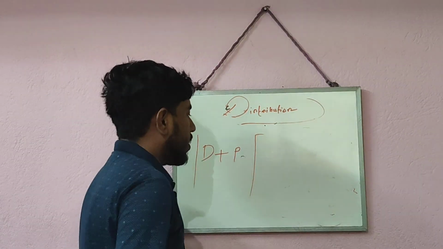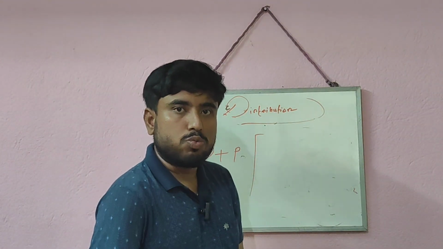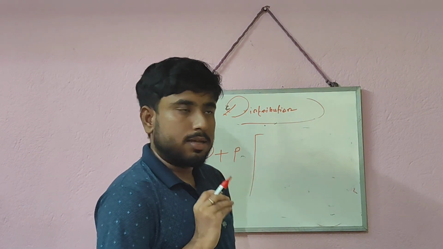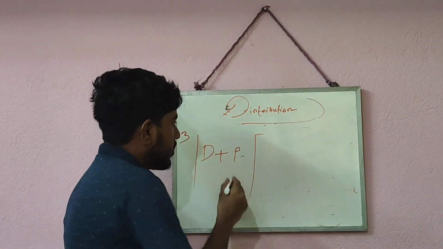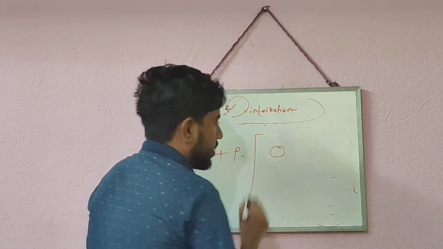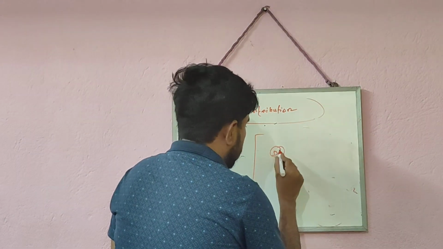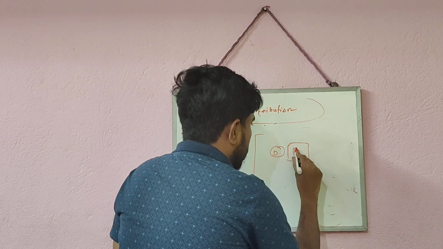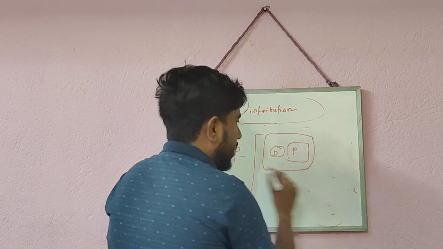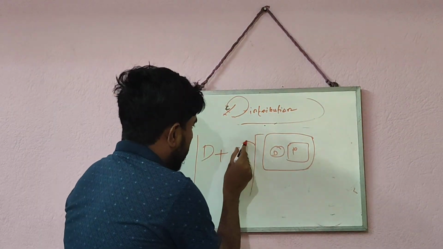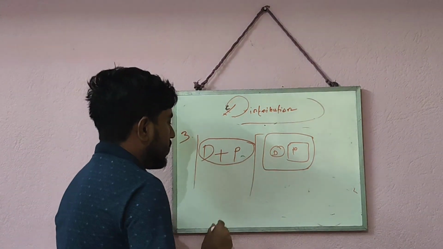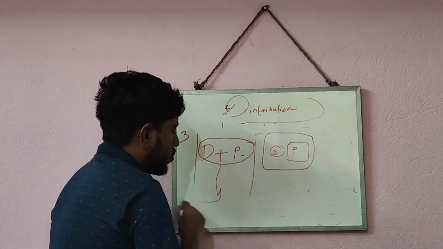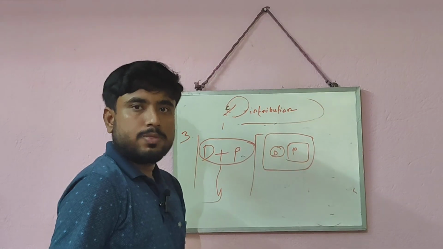Now that drug plus protein has to pass through the small capillary junction. Before, the drug side was small, but when the protein connects, the overall size becomes big.